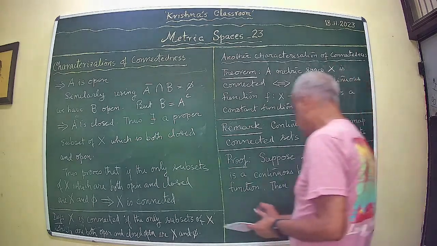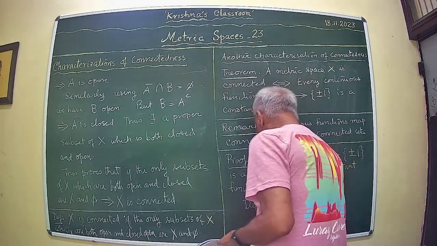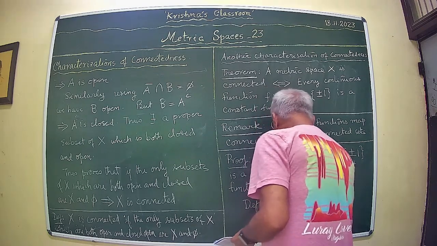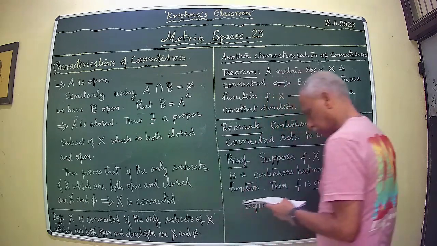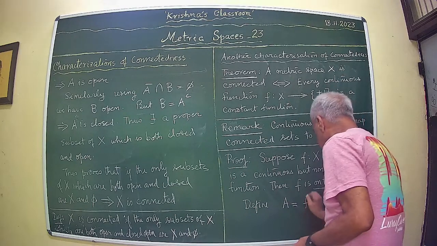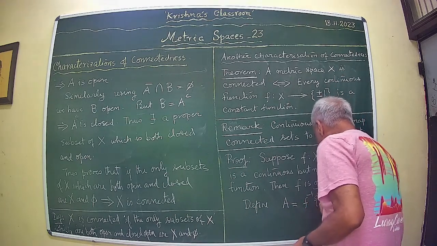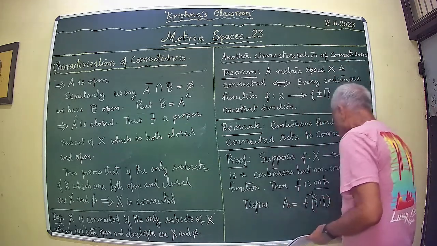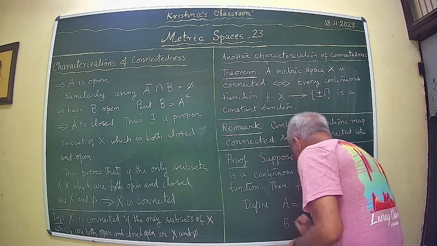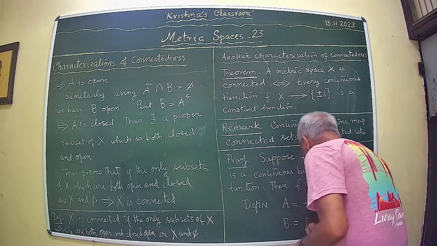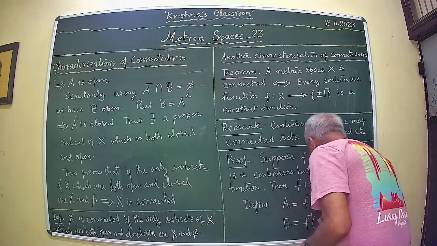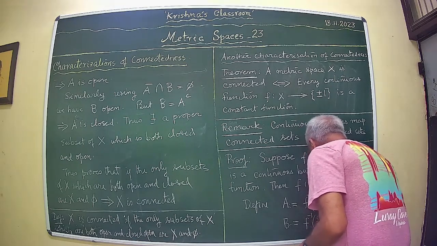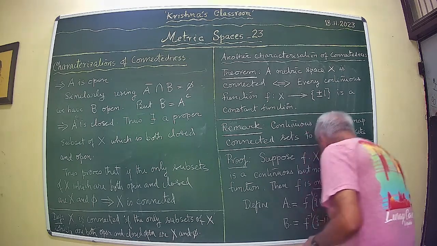Now define A equal to f inverse of 1 and B equal to f inverse of -1.